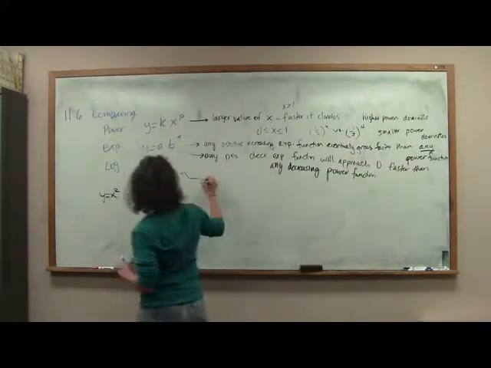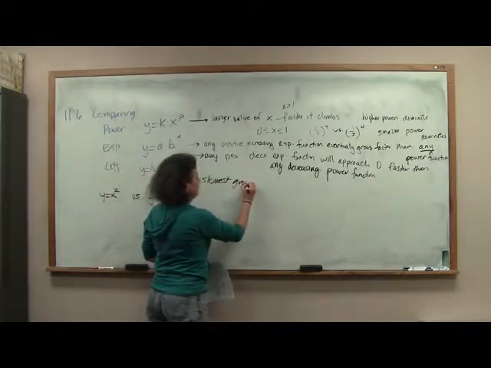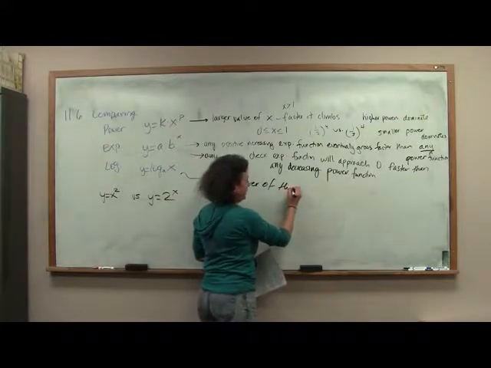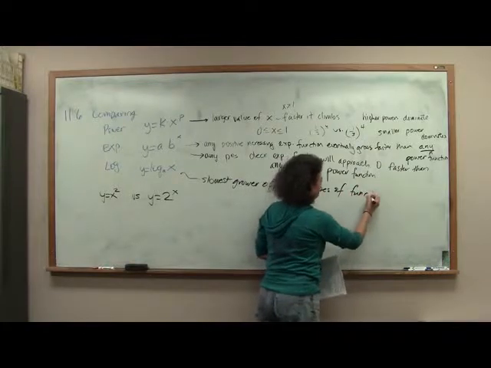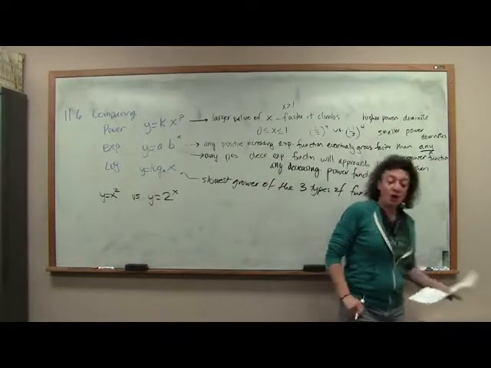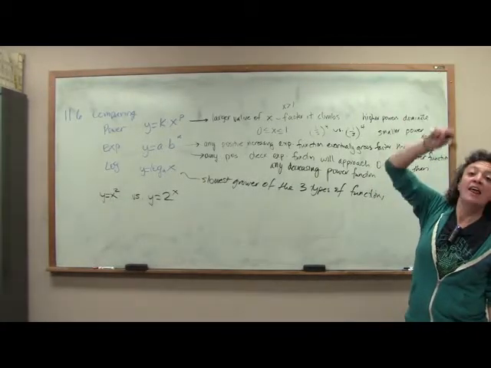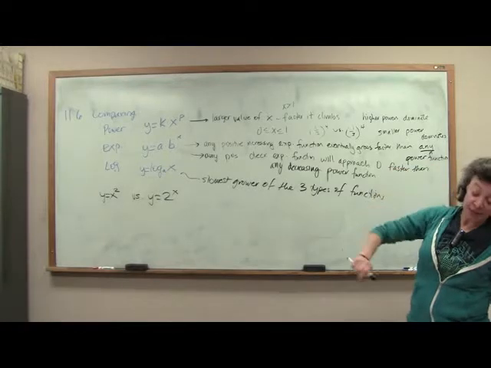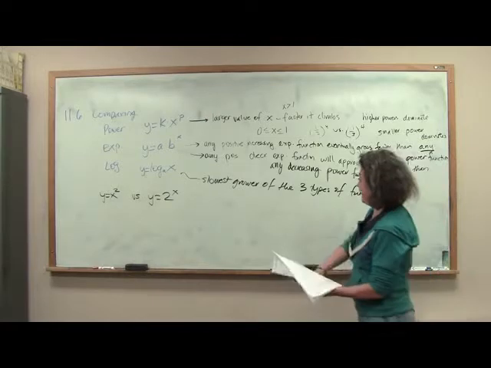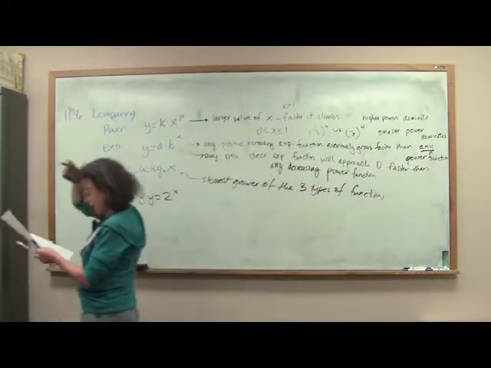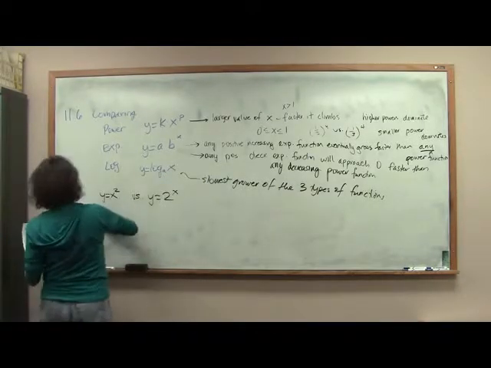And what I would like to say about the log function is this is the slowest grower of the three types of functions. So ultimately, your exponential functions grow the fastest, then your power functions, then your logarithmic functions. Okay, so having said that, here is what I would like us to do.